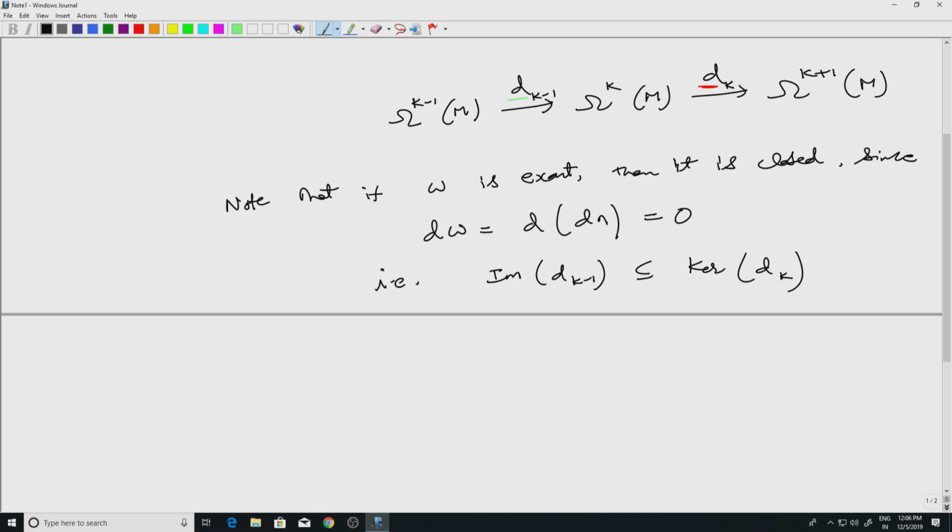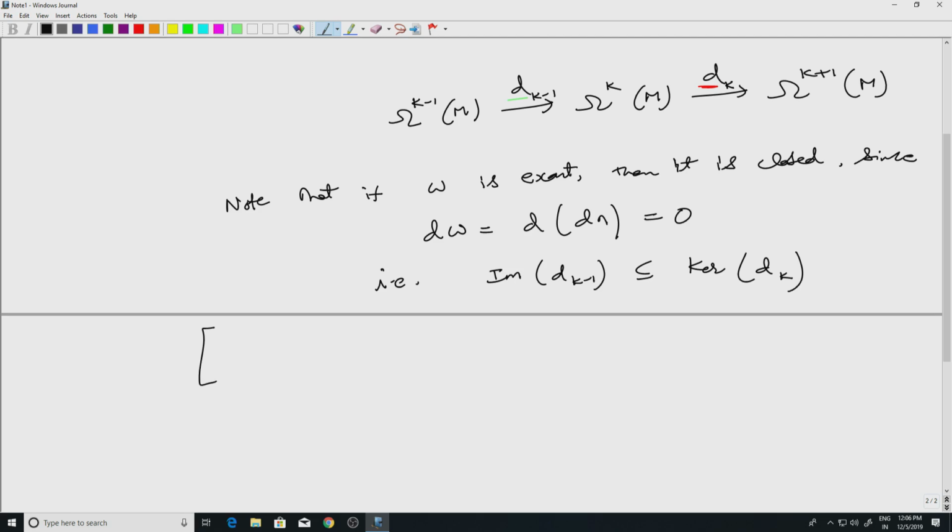If I have one vector space contained in another, then I can look at the quotient vector space, and that's called the kth de Rham cohomology group. I'll just put it in brackets since I'm not going to pursue this any further.